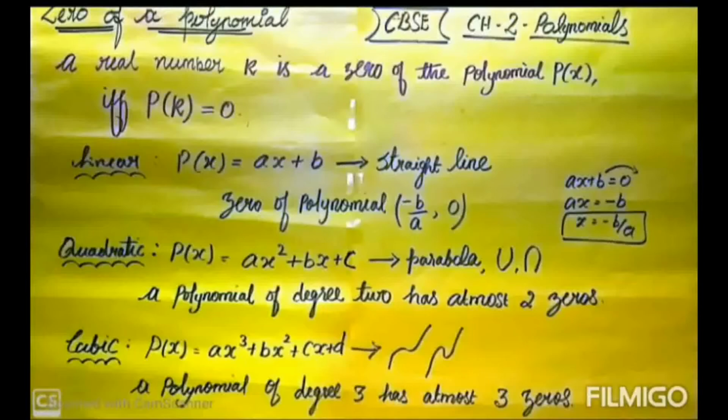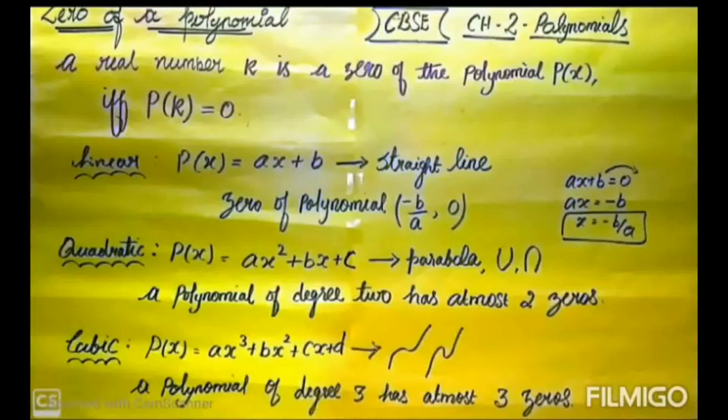That is the meaning of at most 2 zeros. I will explain in the graph elaborately how we get 2 zeros, 1 zero and no zero. Then the cubic polynomial has the general form ax cube plus bx square plus cx plus d.